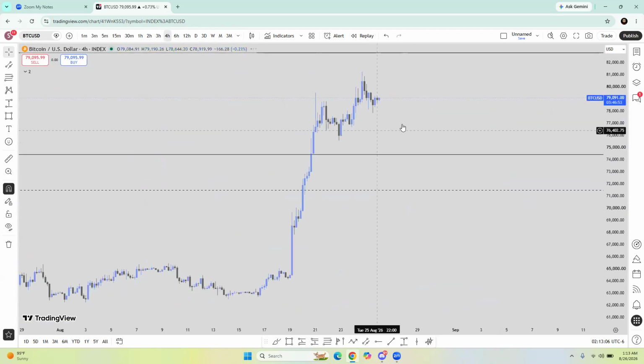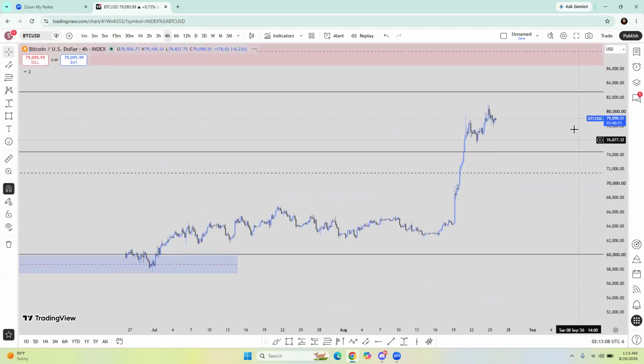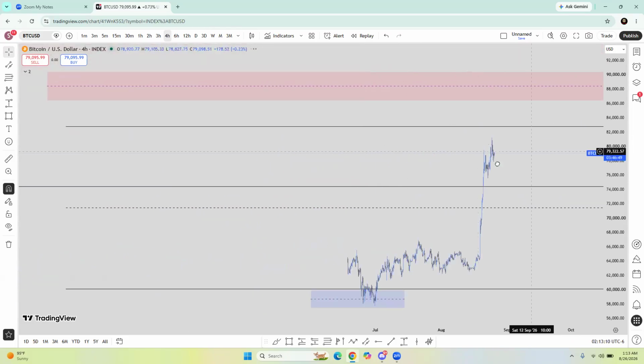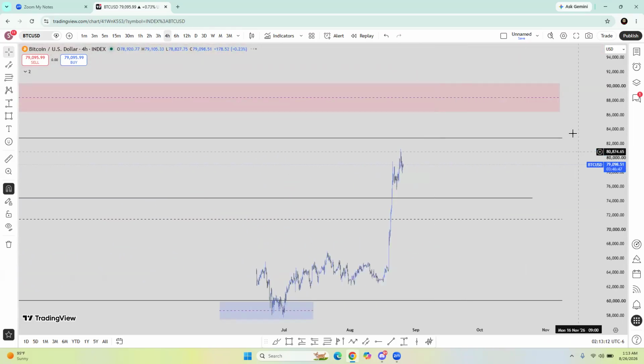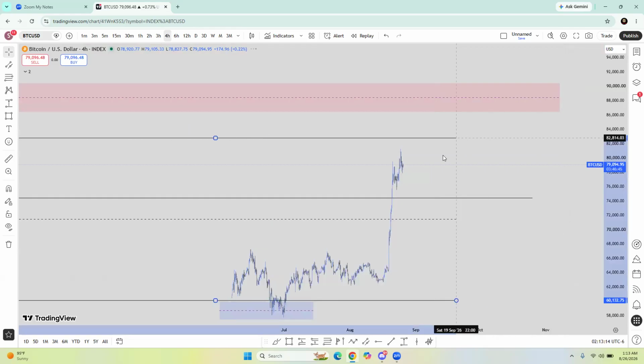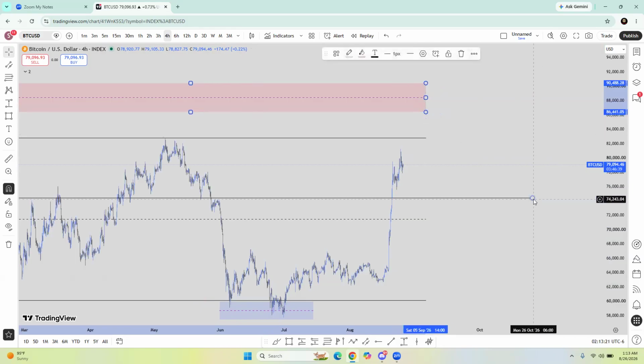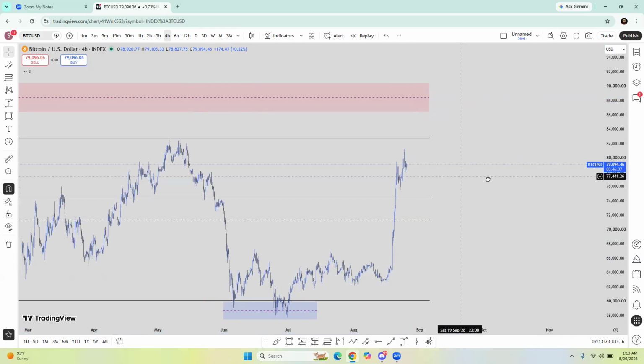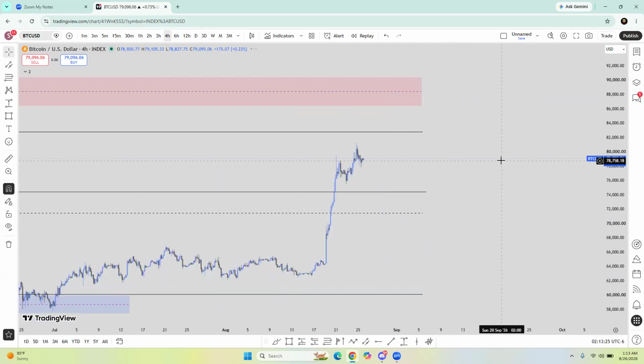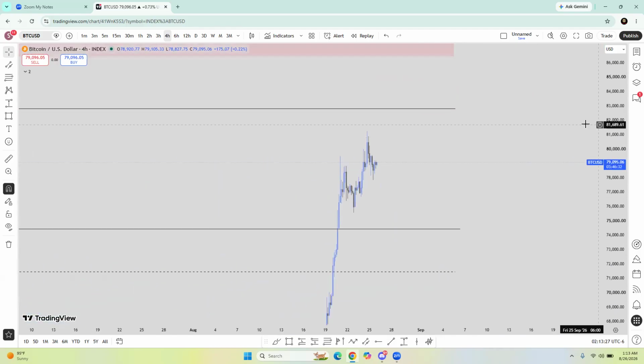So it's the H4 chart. H4 is making higher highs.